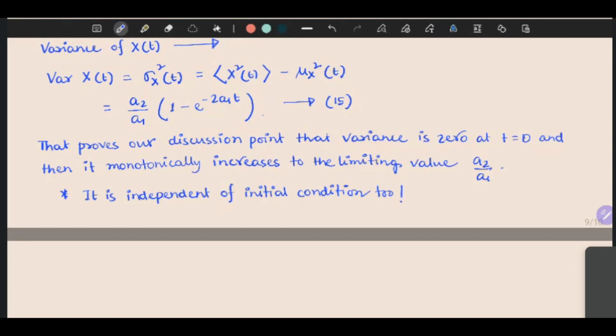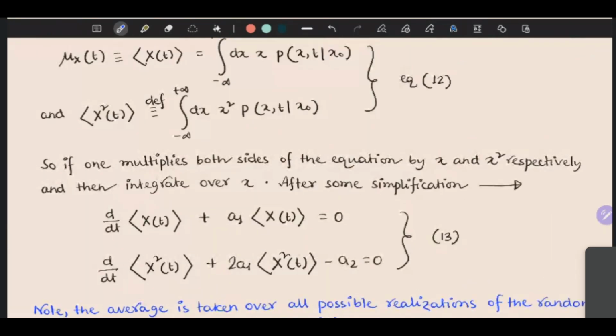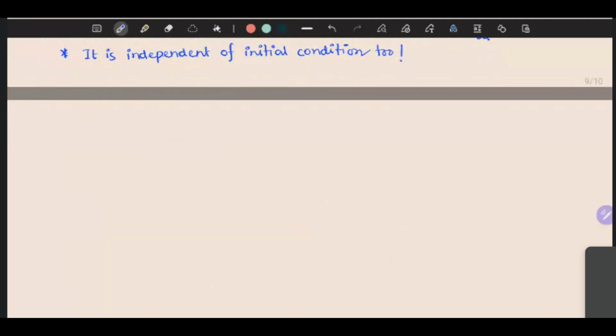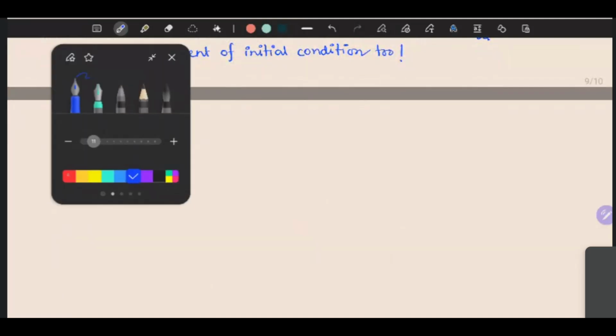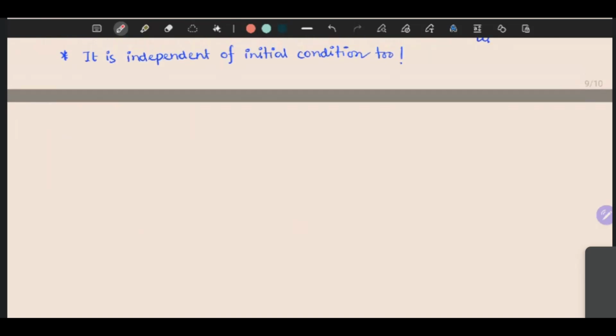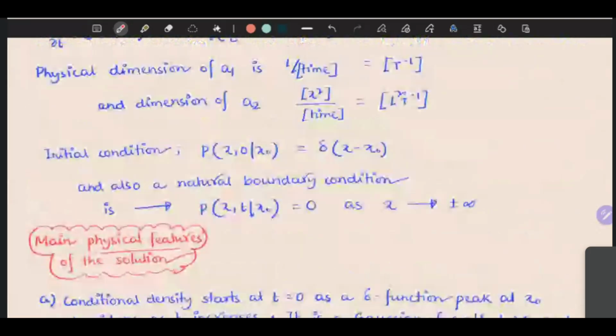Okay, so now I will do this. I will show for these expressions how this expression is coming, and then I will stop. So we have written this term.